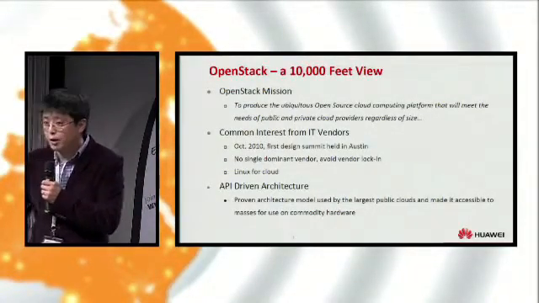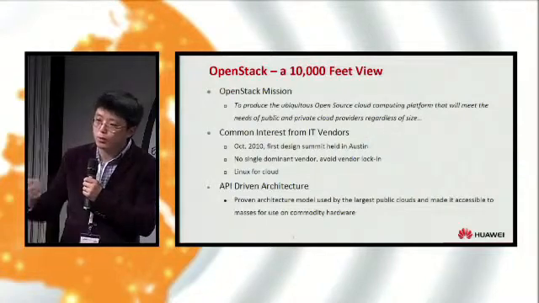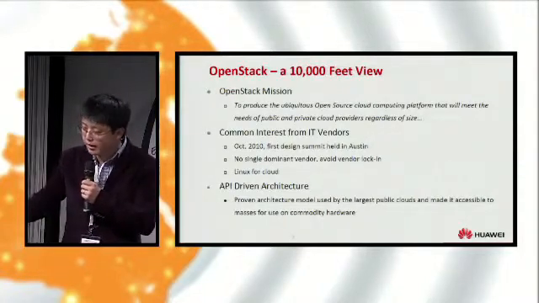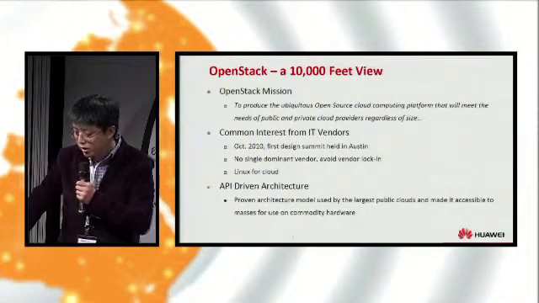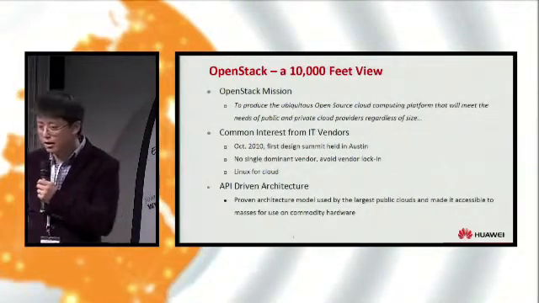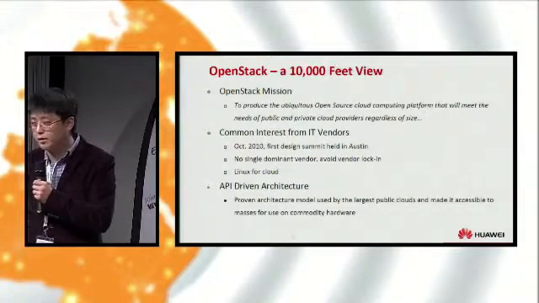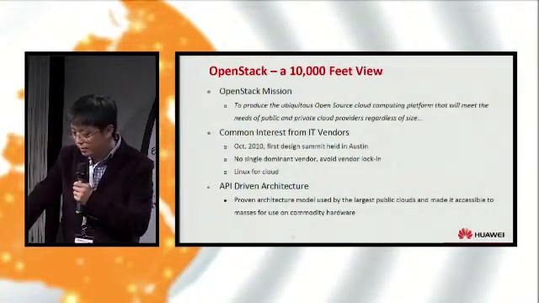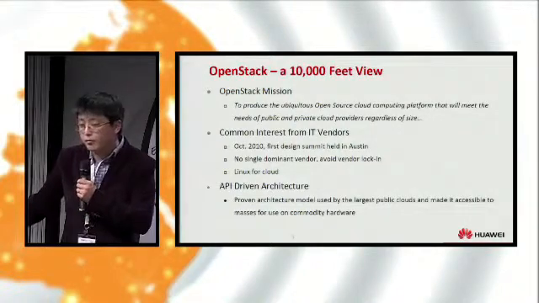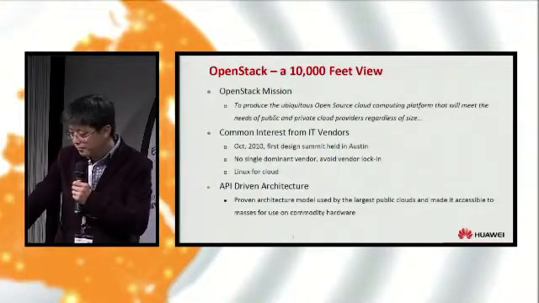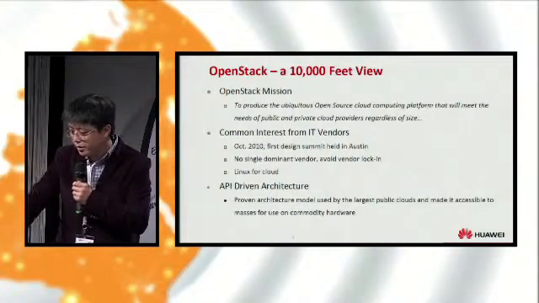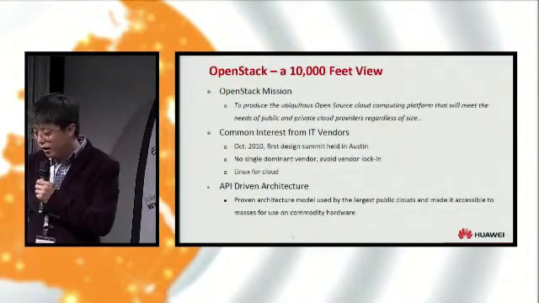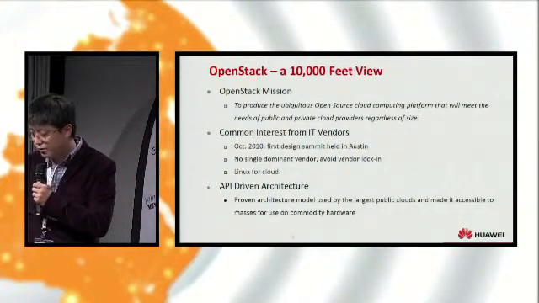I guess by public, they are trying to say we want to provide some service like AWS. By private, I guess they are trying to say we want to provide some service that provides similar value to VMware. So with that mission, IT vendors are having a lot of common interest.